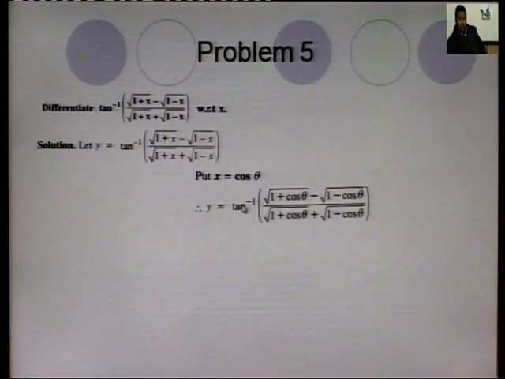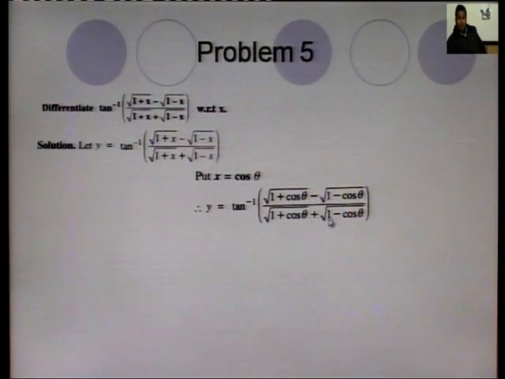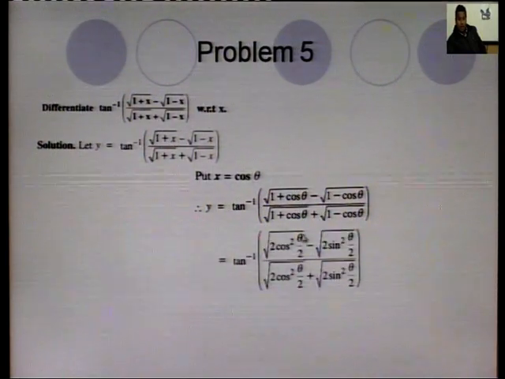After putting x equal to cos theta, this term will become tan inverse of root of 1 plus cos theta minus root of 1 minus cos theta, under root of 1 plus cos theta plus under root of 1 minus cos theta. Now we know 1 plus cos theta is equal to 2 cos square theta by 2, and 1 minus cos theta is 2 sin square theta by 2.